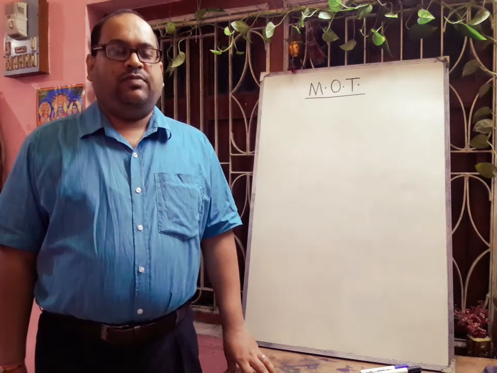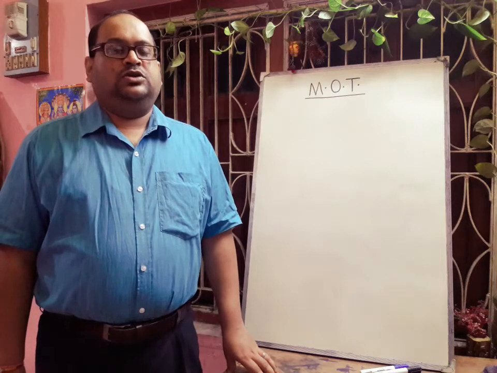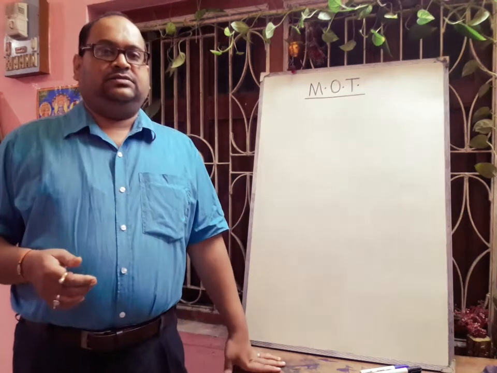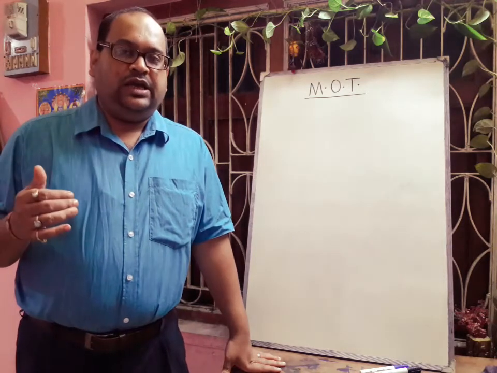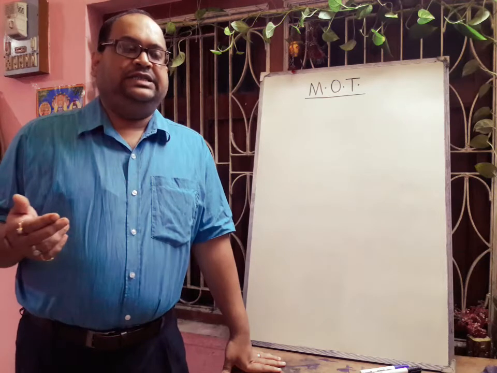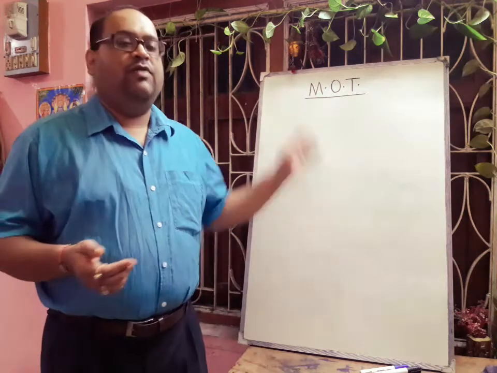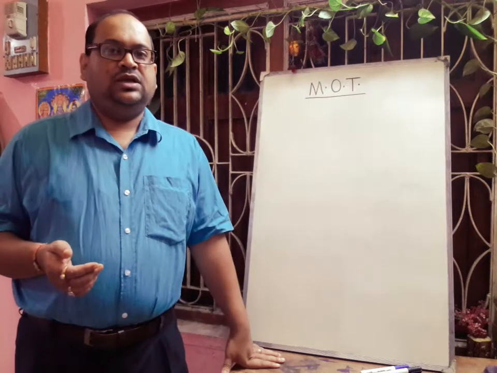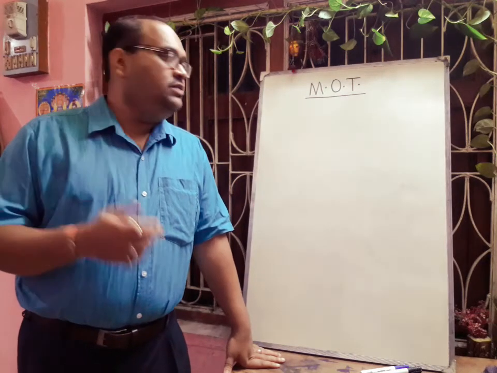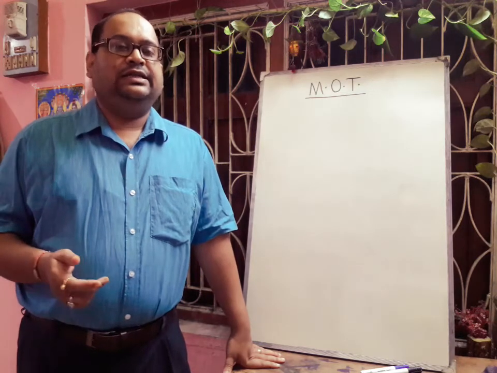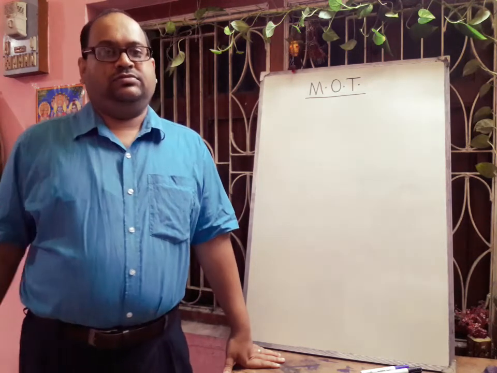So to overcome these limitations, a new theory was introduced or proposed, that is the MOT. Full form is molecular orbital theory, and this theory was proposed by Hund and Mulliken in the year 1932.